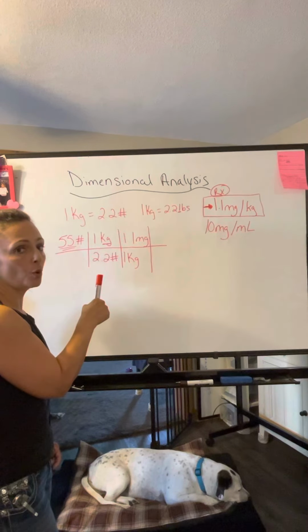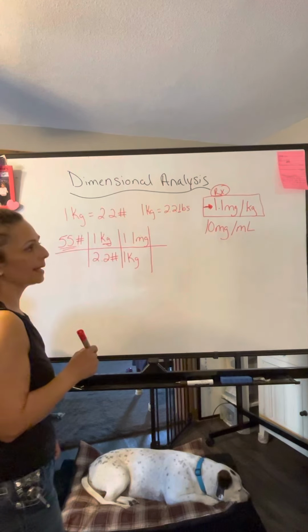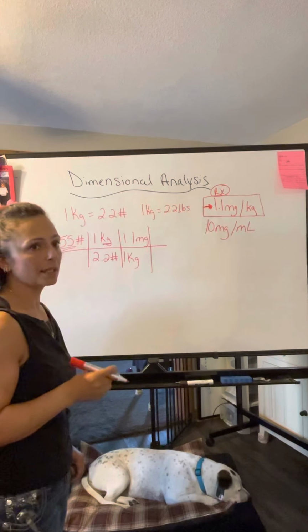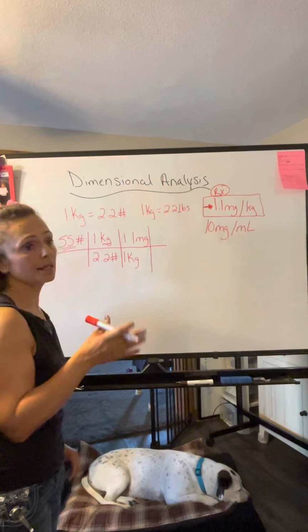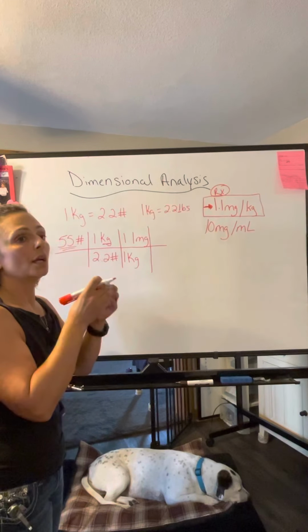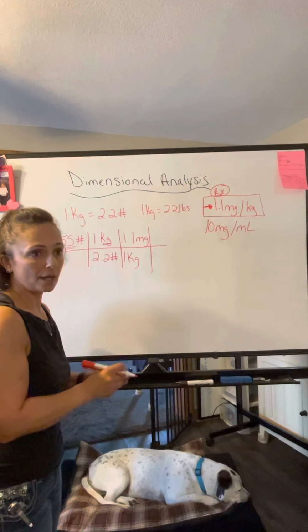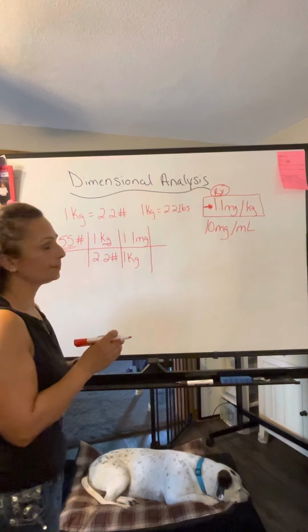This is really important because this is what you're going to write in the medical record. Because drugs come in different concentrations, it's important to write the total milligrams because then it doesn't matter what the concentration is of that drug when you write it in the medical record. That's the total amount of drug administered.